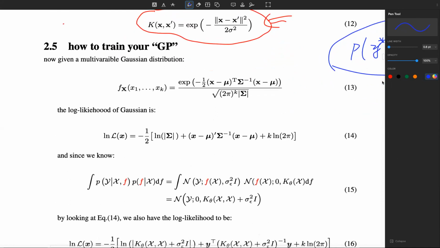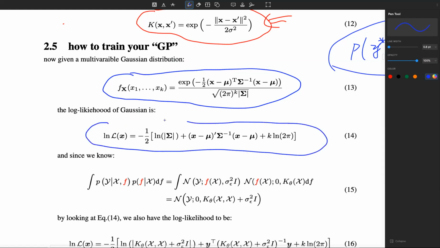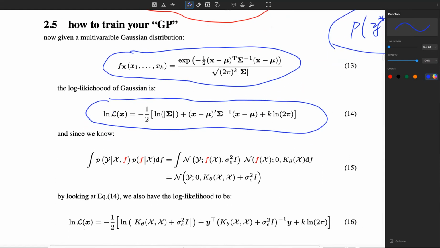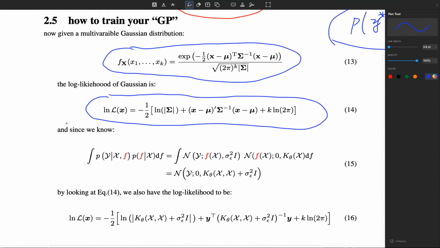So next, the title is how to train your GP. It's not like how to train your dragon, it's how to train your GP. So now, what is this? This is your multivariate Gaussian distribution. And if you write the log likelihood, it's in this form, yeah? I mean, you've seen that before, so I'm not going to drill too much into this. Again, what's this thing called? Today you've learned a lot of things, but what is this called?